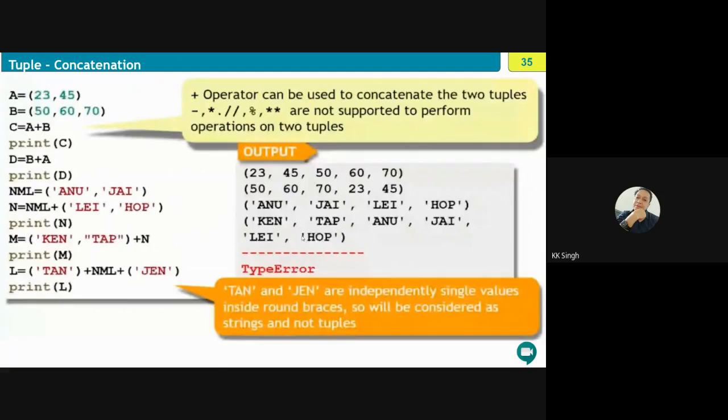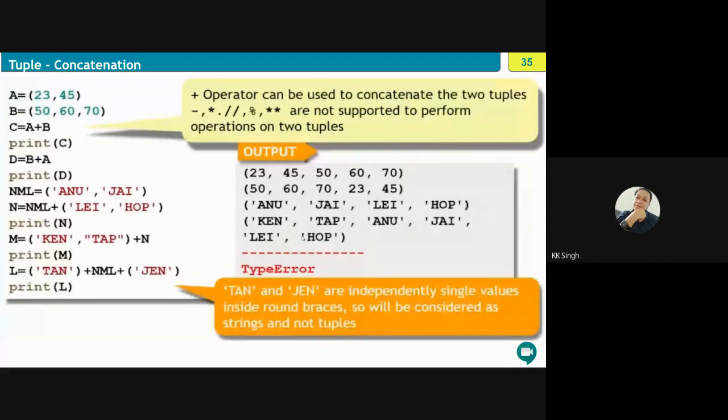The other tuple is 50, 60, and 70. So we have two tuples here. Now in the third line, C is equal to A plus B.